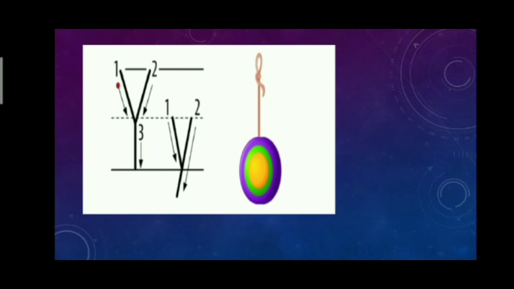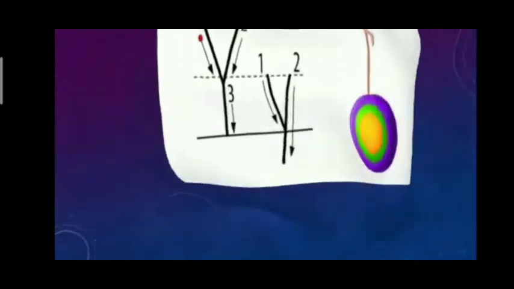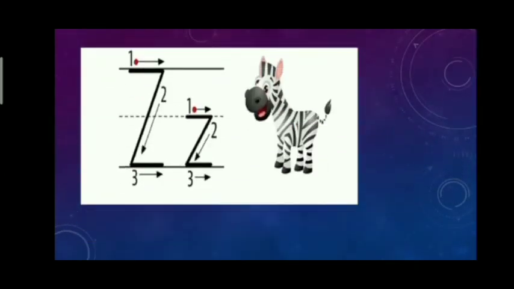This is capital Y. Now coming to small y. Starting with the red dot, slant line, then one more slant line. Second slant line should be bigger than the first slant line. Y for yo-yo.